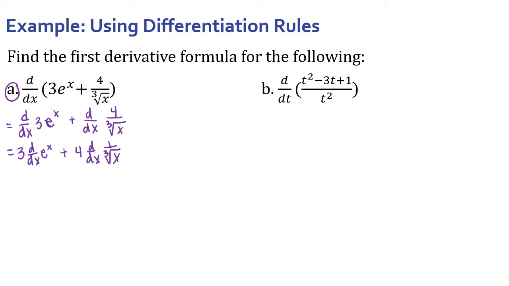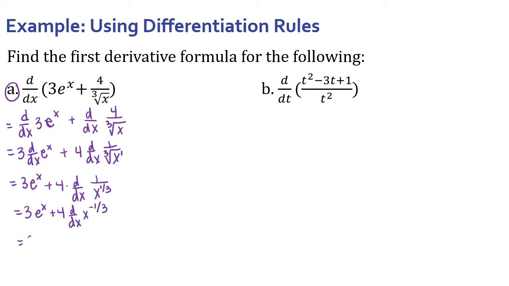And now I'm getting to actual things that I can find the derivatives of. So the derivative of e to the x is e to the x. To take the derivative of this function, I need to first get it in terms of a power. So this is like x to the first power. So this would be 1 over x to the 1/3 power. And then I can move that 1/3 up, and that would be x to the negative 1/3.